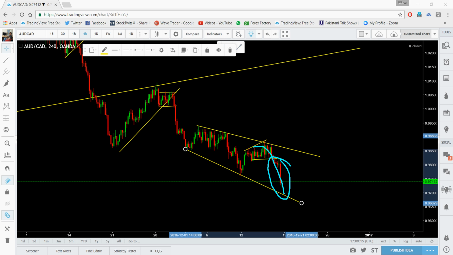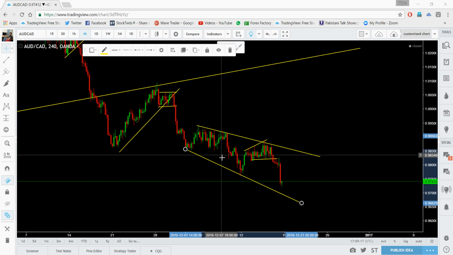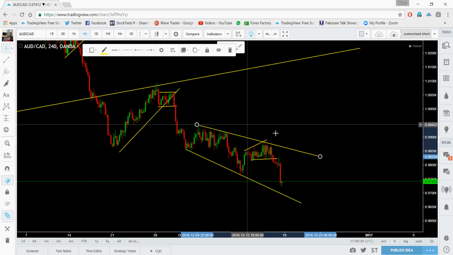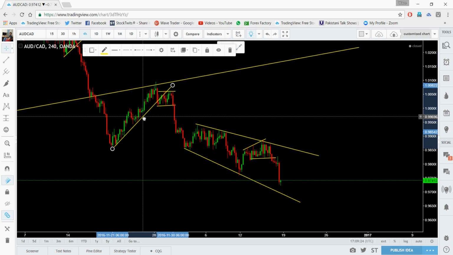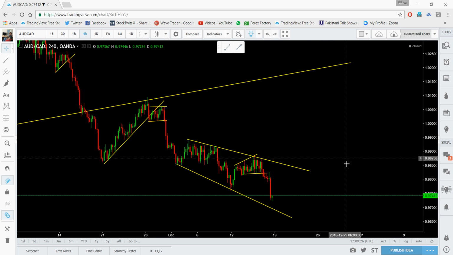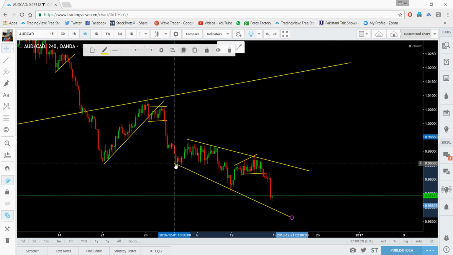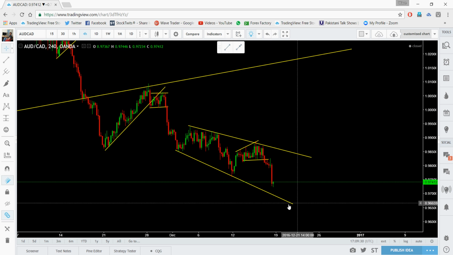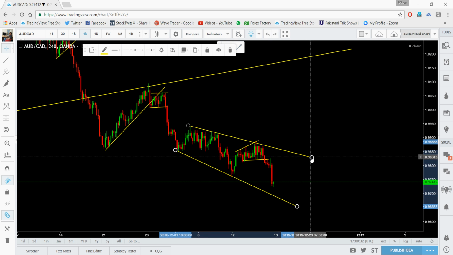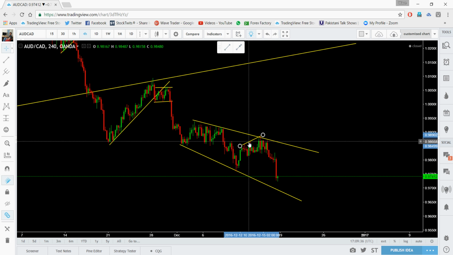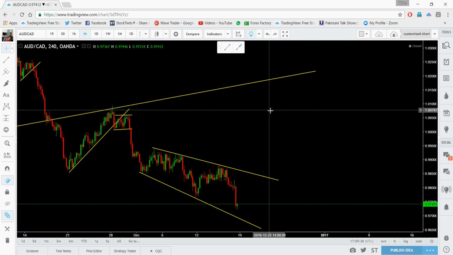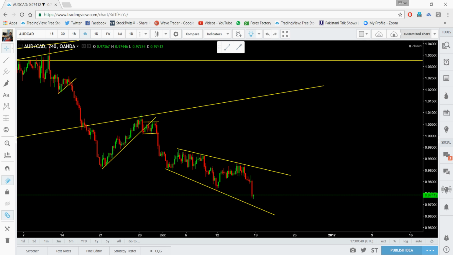All right, so now you guys can trade within this channel for short period of time, for short trades. How can you do it? Whenever price comes close to the trend line, you can look for a buy. And if price comes close to the upper channel line, you can look for a sell. So this is really easy, there is no complication.